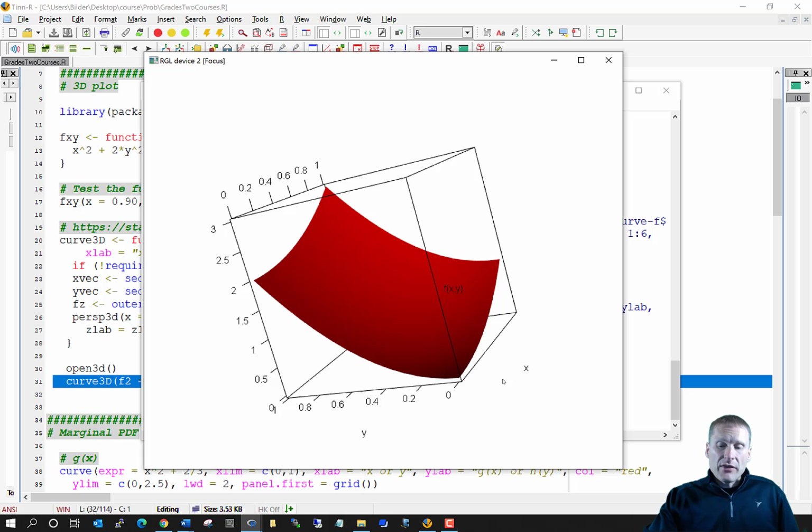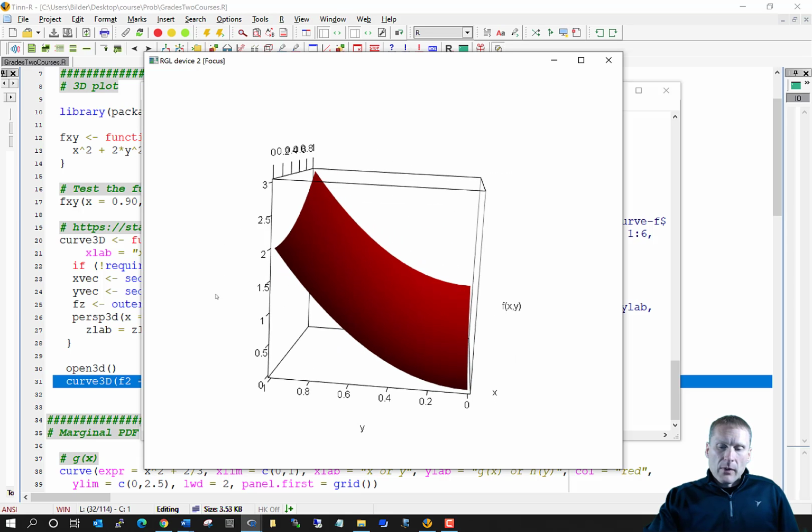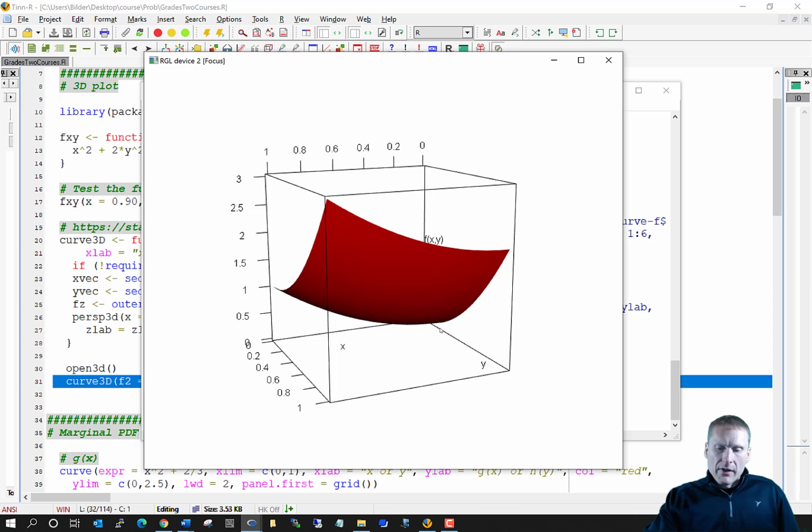If I spin this around, all of the volume underneath this surface but above f of x, y equal to 0 represents probability. That whole volume is equal to 1.